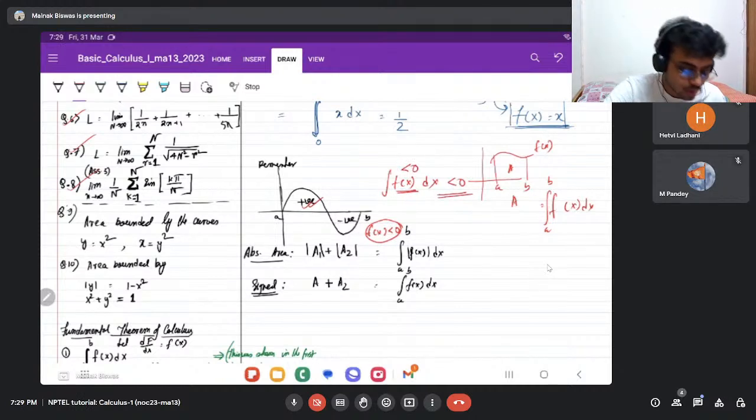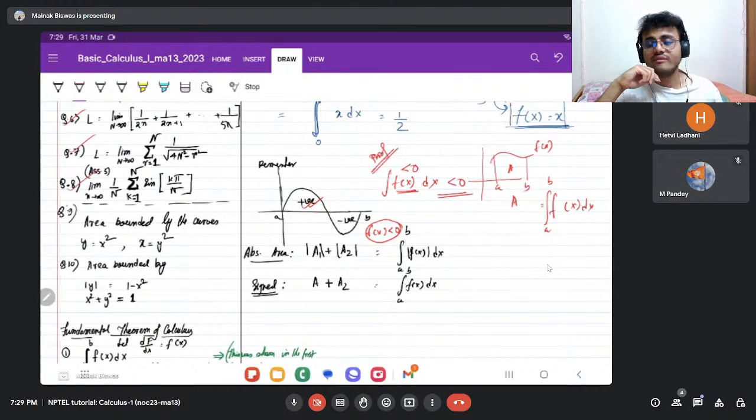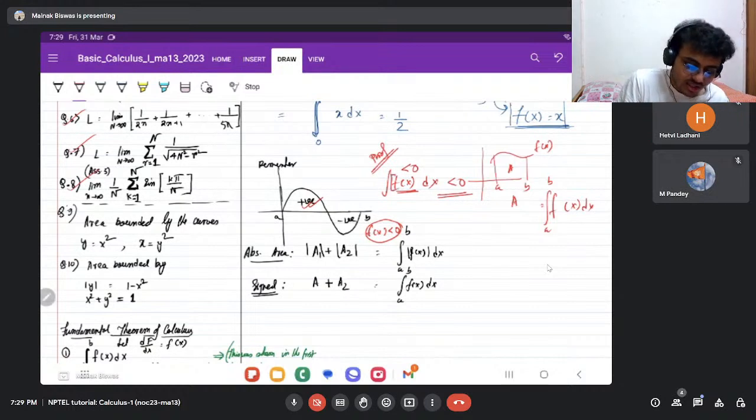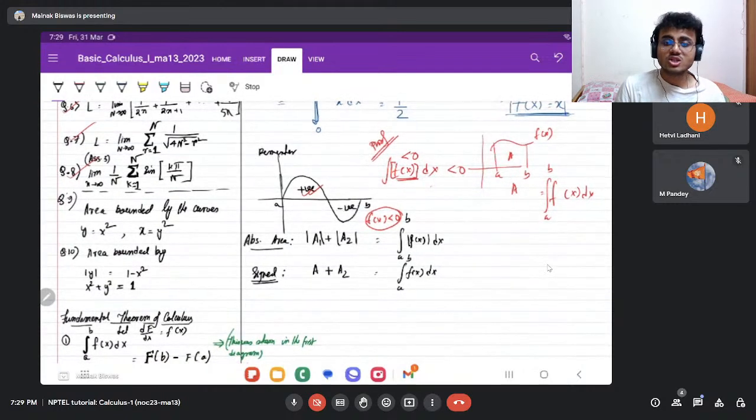You understood the proof. Why is a curve below the x-axis having a negative area? Is it clear? So your f of x is less than 0, so I put the upper bound of that function as 0, which turns out to be less than 0. So your integral will be less than 0. So to find just the magnitude of area, what will you do?